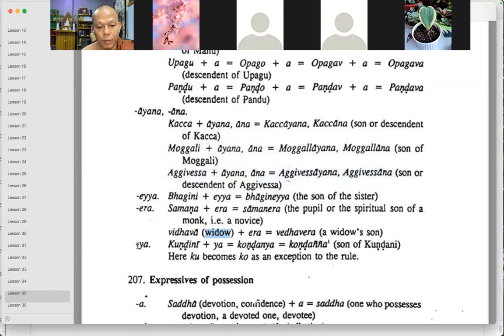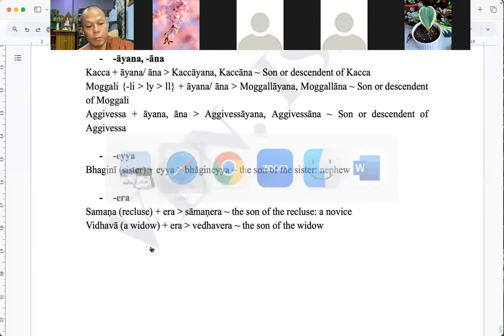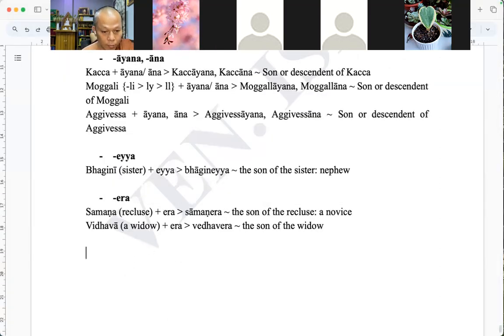And then the last one is ya. So the last one is ya. Okay, yeah. So golden knee. Okay. Golden knee.